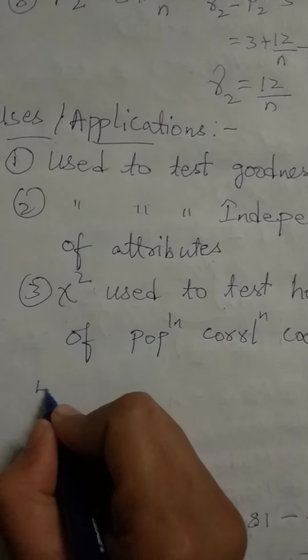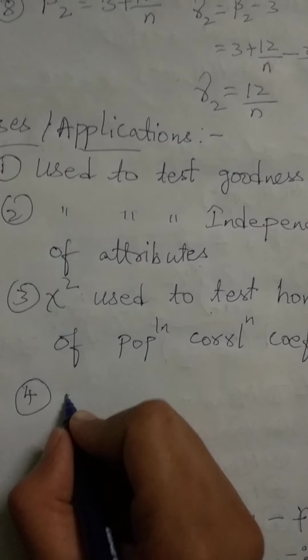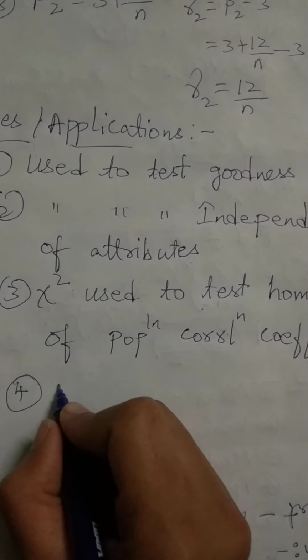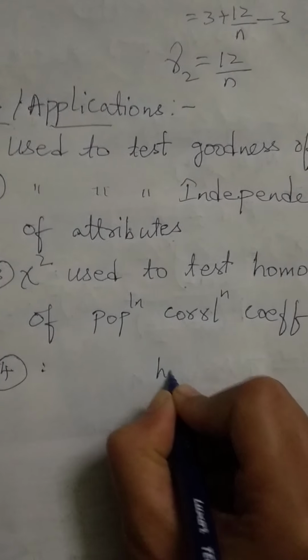Then the fourth important thing is that it is used to test homogeneity of several population variances, students.